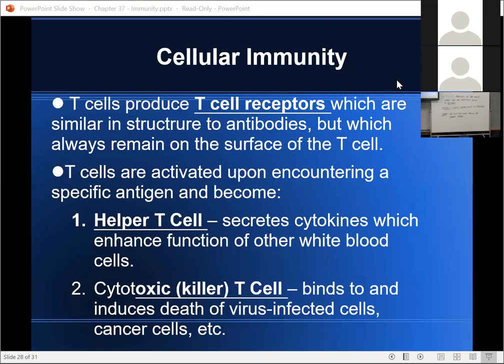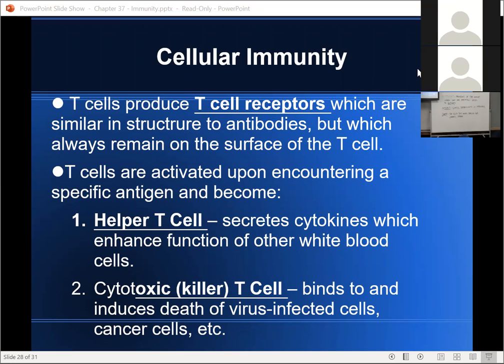Okay, so how does cellular immunity work? T cells produce T cell receptors, which are similar in structure to antibodies, but which always remain on the surface of a T cell.